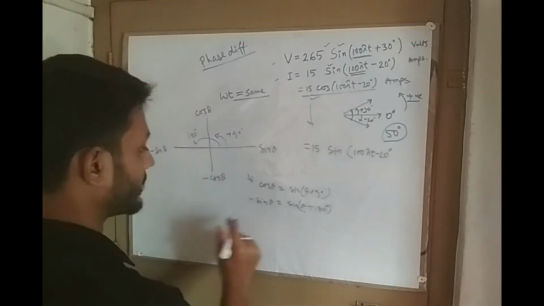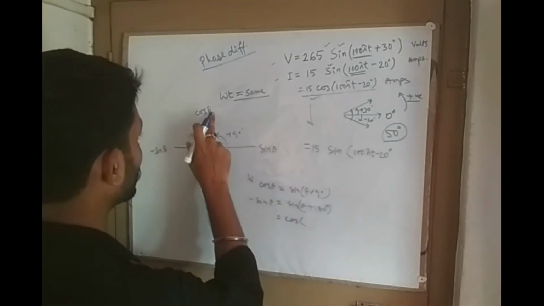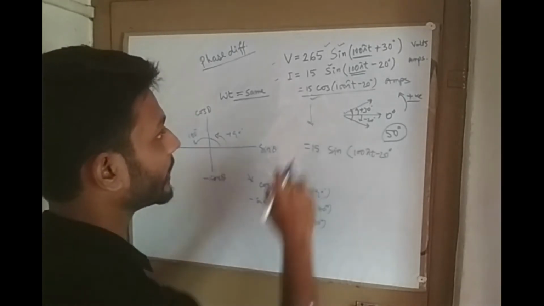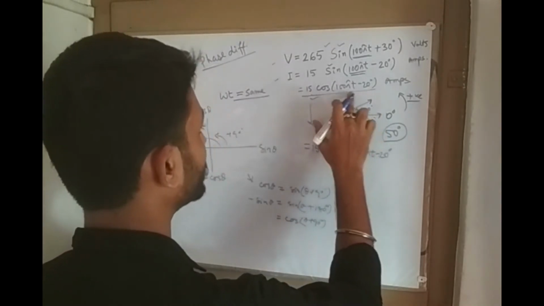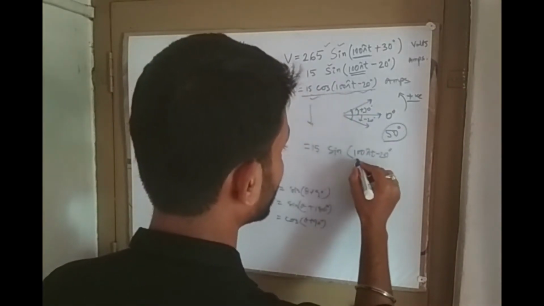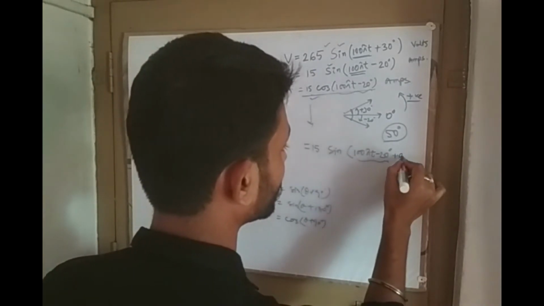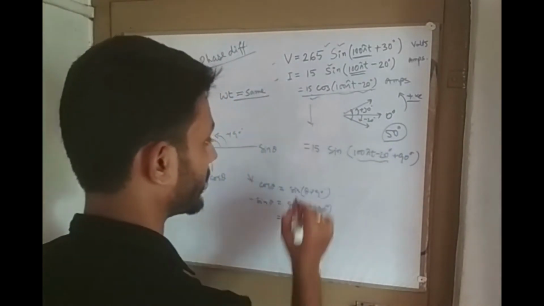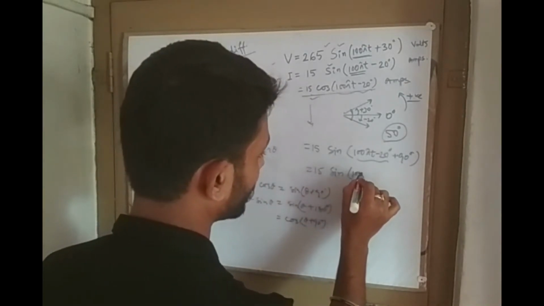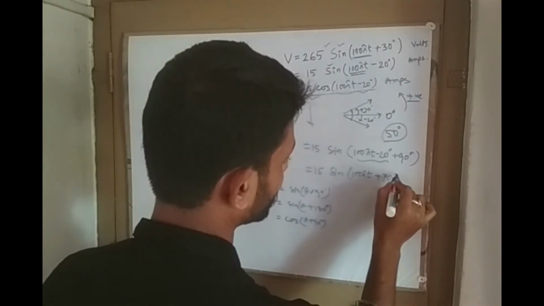Similarly, minus sin theta equal to cos theta plus 90 degree. Okay? Here the cos theta value is given, so it will become 15 sine(100 pi t plus 70 degree).